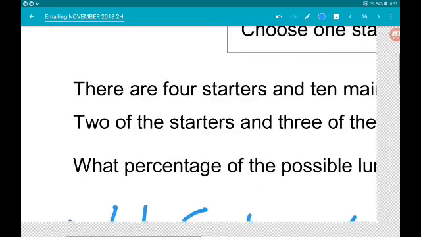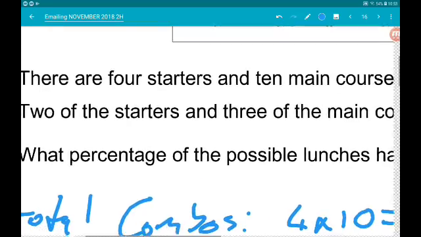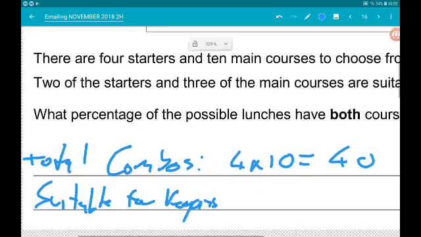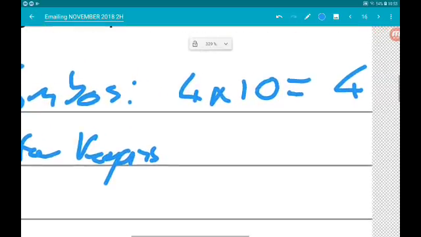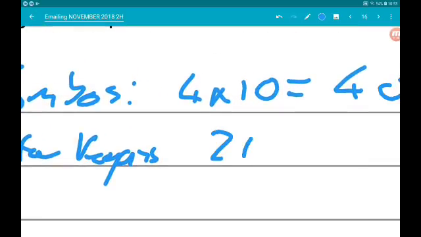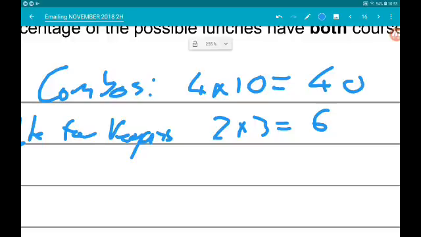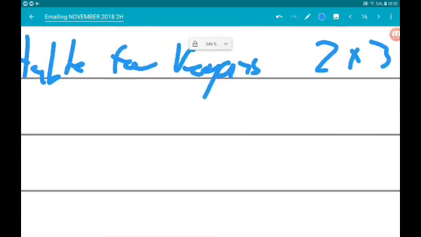Well, there's 2 of the starters and 3 of the mains, so that's 2 times 3, which, on a really good day, is 6. So, the fraction is 6 out of 40.